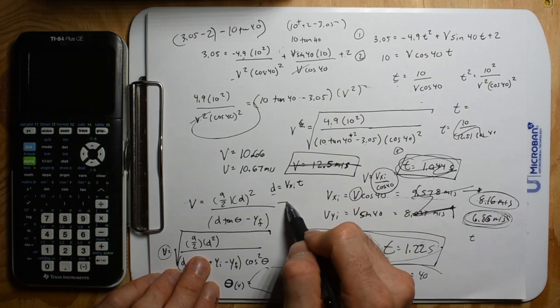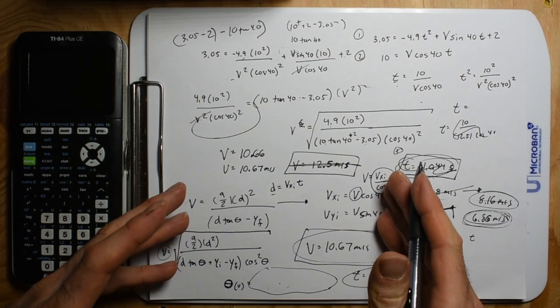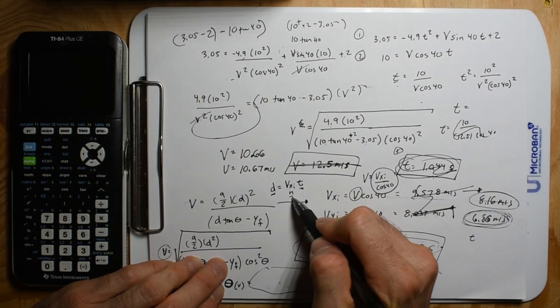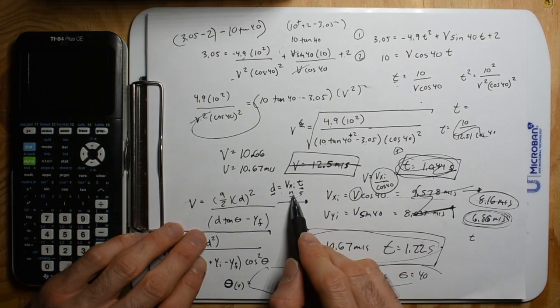Because velocity in the x direction is a constant, if we know the time, we know the distance. Meters per second times seconds is that distance.